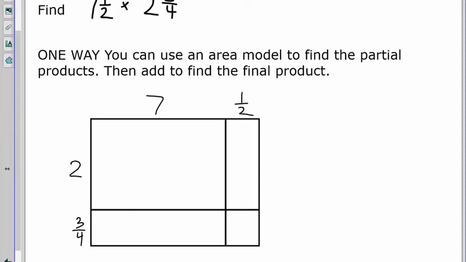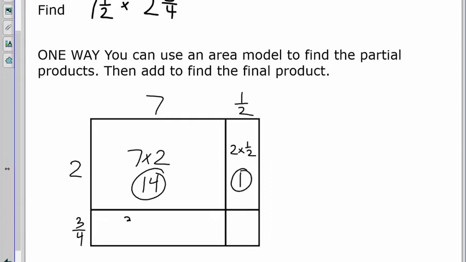The whole number is represented by a larger square. And on the bottom, I have 2 3/4. So in this one section, this is 7 times 2, which is 14. Over here, we have 2 times 1/2, which is just 1.